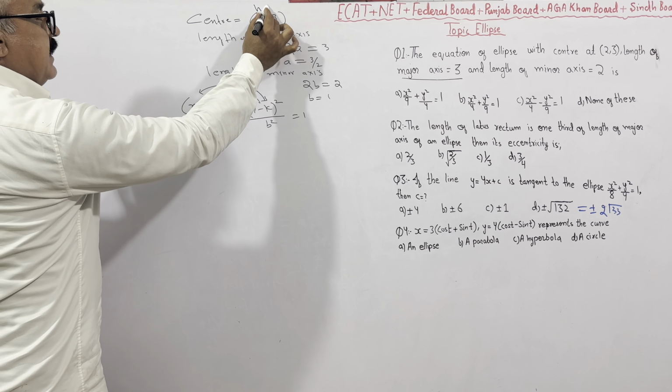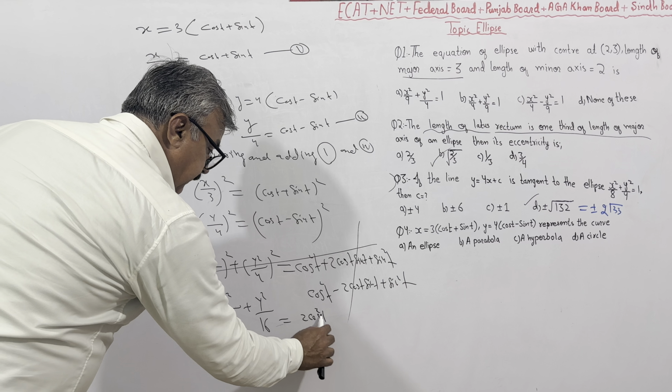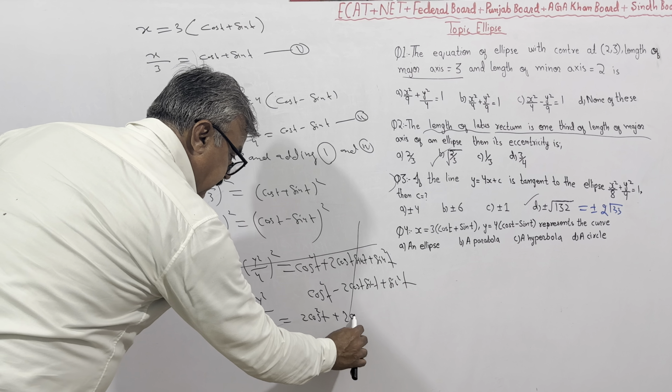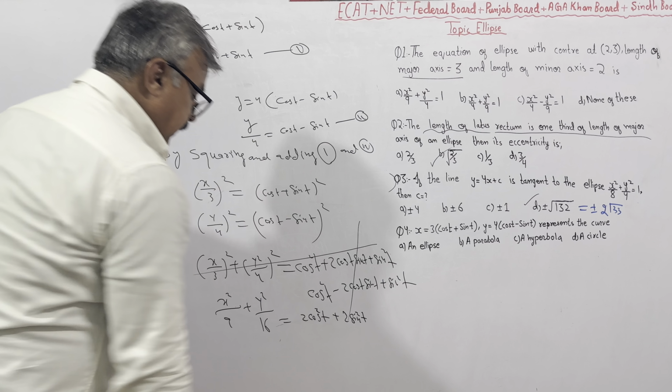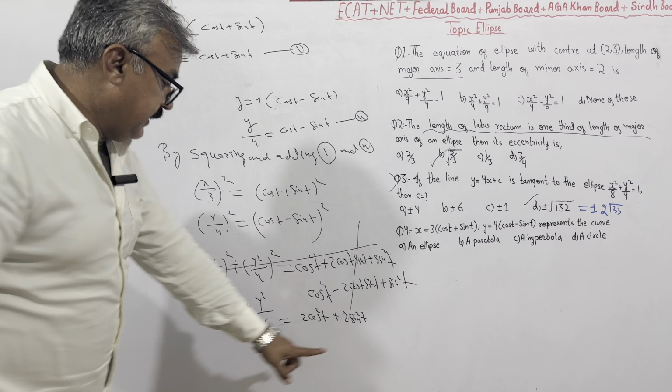It is going to be x square over 9 plus y square over 16 is equal to 2 cos square t plus 2 sin square t. Taking 2 common, cos square plus sin square is equal to 1.